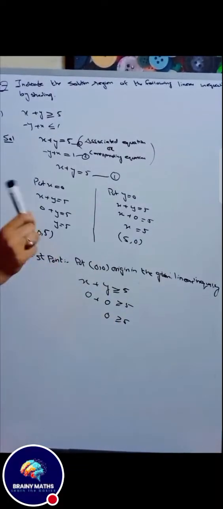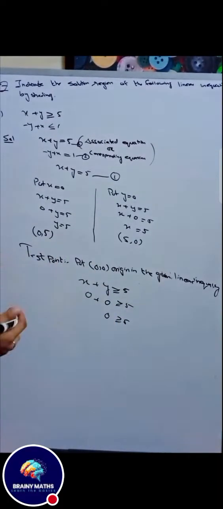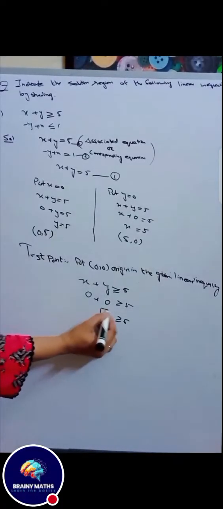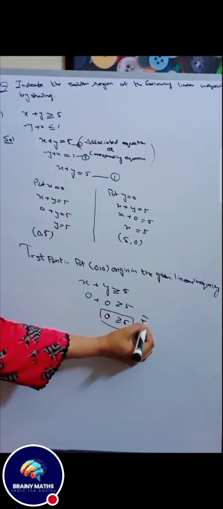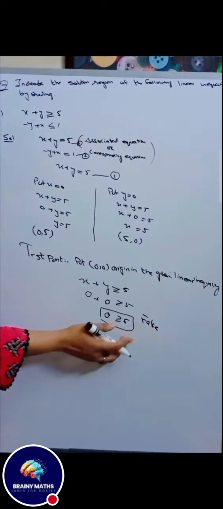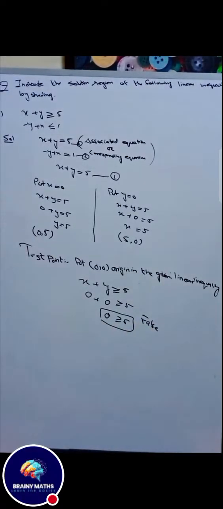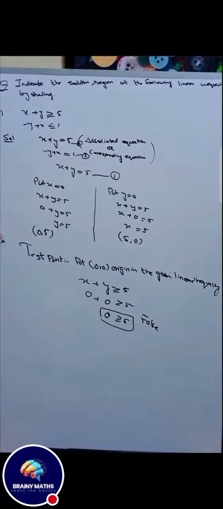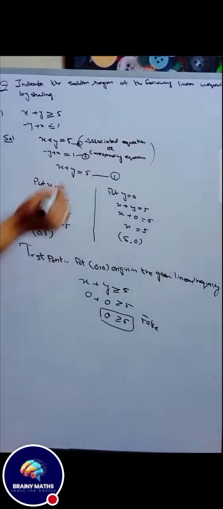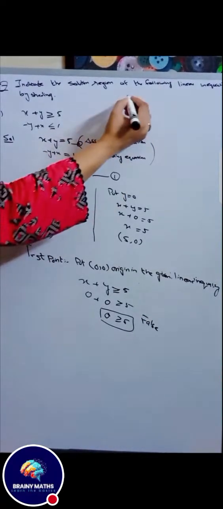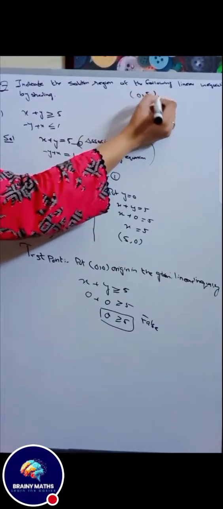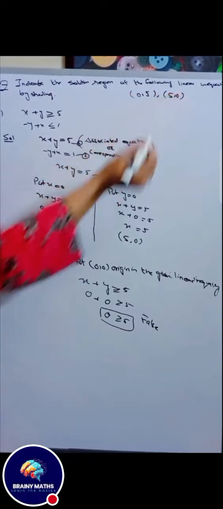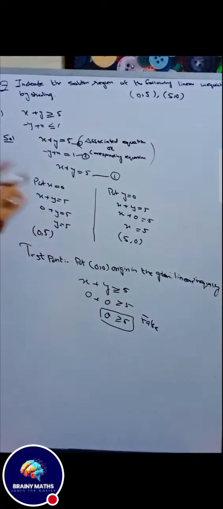Think about it. No, this is not possible. 0 is less than 5. So this statement is false. Any problem here? I hope not. Don't forget, the ordered pairs of the first equation are (0, 5) and (5, 0), and the test point gives false.